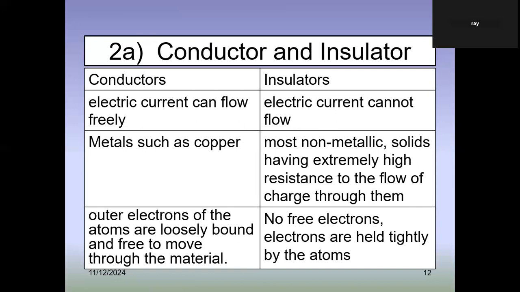Graphite is the only one that conducts electricity. Most non-metals are insulators and don't conduct electricity. Only graphite is the exception. Plastic cannot conduct electricity. Plastics are all insulators. What about wood? Wood cannot conduct either.